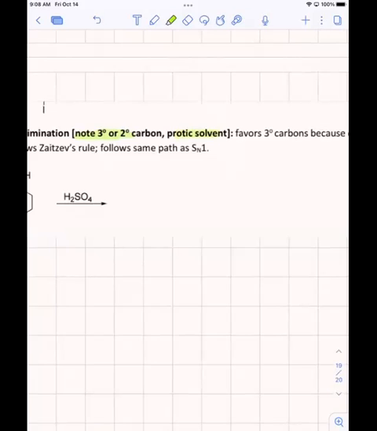So tertiary carbons. When we talk about tertiary carbons in terms of the SN1 reaction, why is that important? What happens in an SN1 mechanism where a tertiary carbon would be favorable?